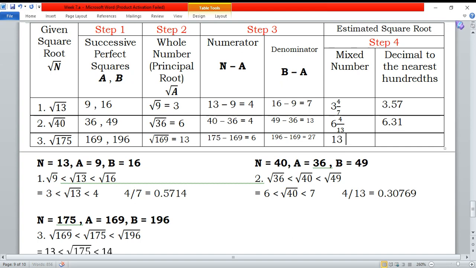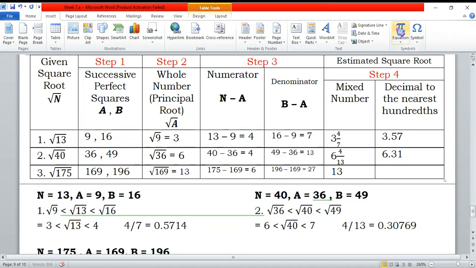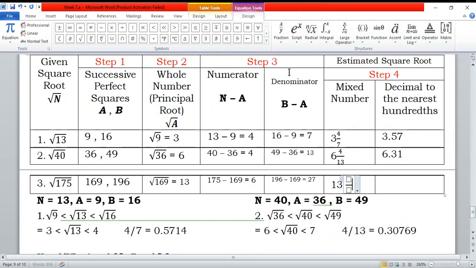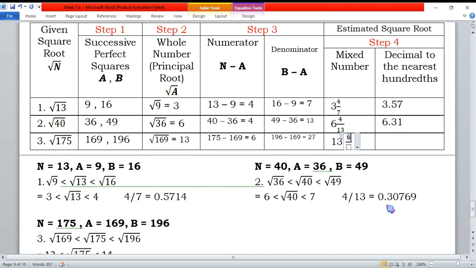Tapos, yung fractional part naman natin, mag-insert ulit tayo. Ang fractional part natin, ang numerator ay 6, plus the denominator is 27. So, ito hindi pa nakasimplify. 6 over 27.